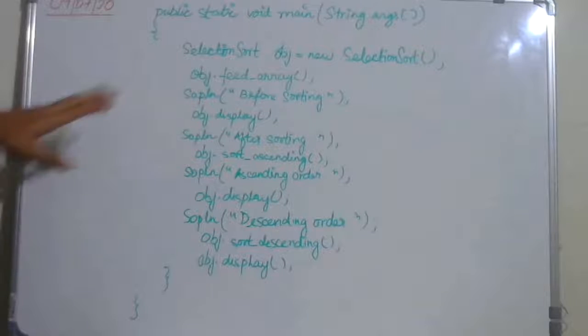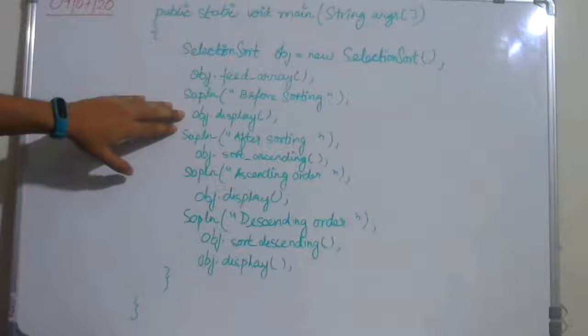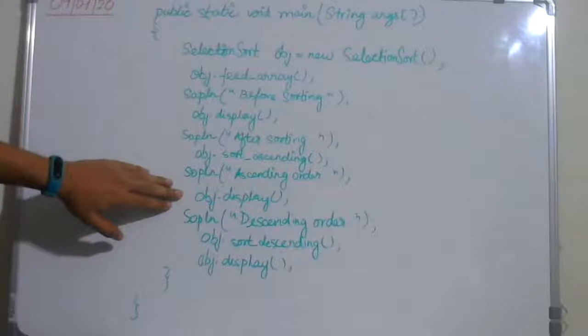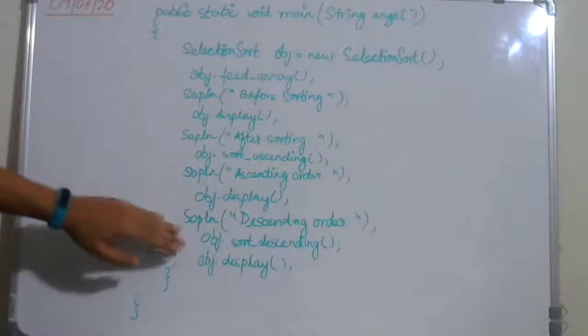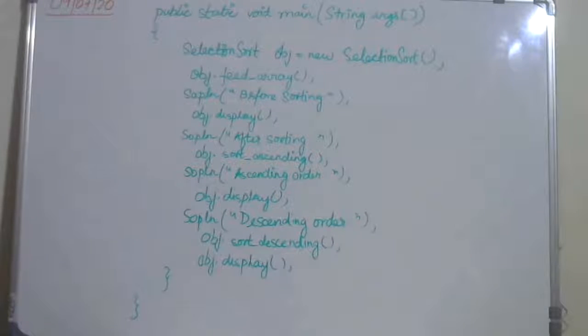So inside the main function, we feed the array, we display the array before sorting, we sort the array in ascending order, we display the array that has been sorted in ascending order, we again sort the same array in descending order, and we display the sorted array. So that's the whole program of selection sort.